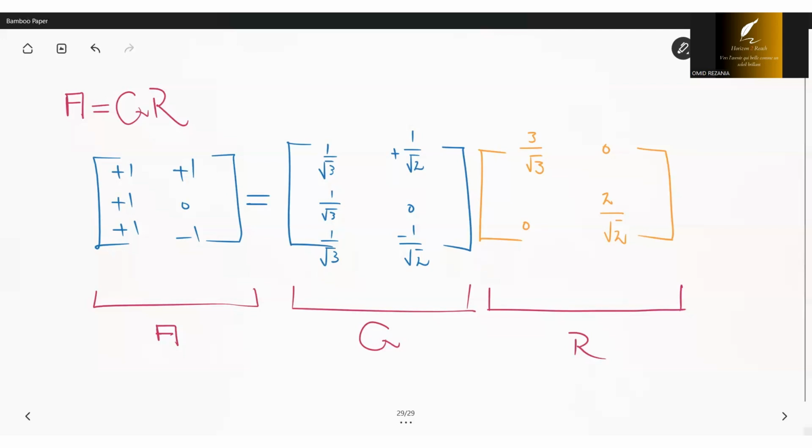Now, I'm just going to finish the session with a very quick assignment. So far, we learned two methods: last week the singular value decomposition, and today QR decomposition. By now, you have two methods to decompose a given matrix.